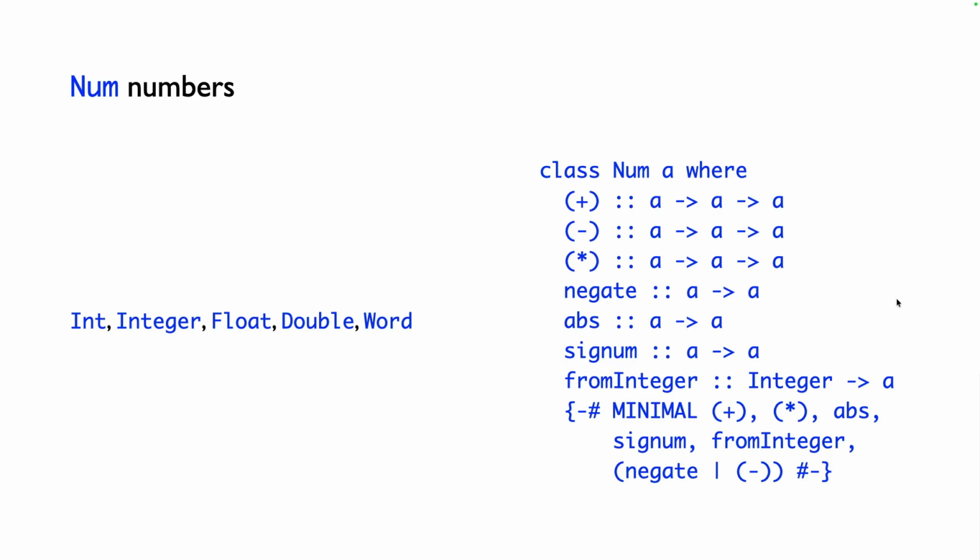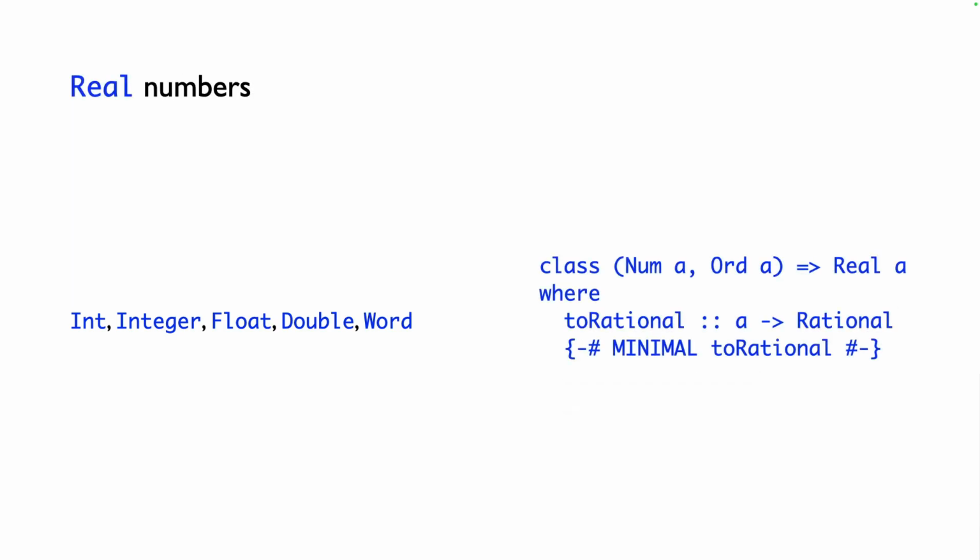And there is a minimal set of functions that need to be implemented there. As you can imagine, you don't need both negate and binary minus. Each can be defined in terms of the other. So those are the simplest class of numbers. But there is a rather narrow extension of that, what are called real numbers. And this is confusing because Ints are not real, really.